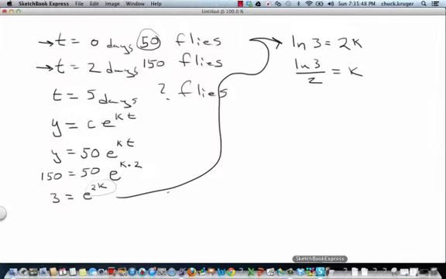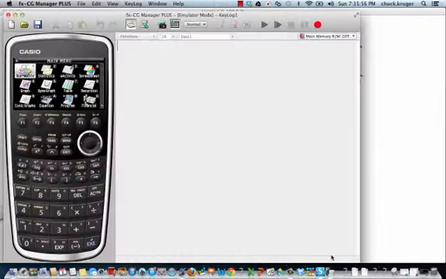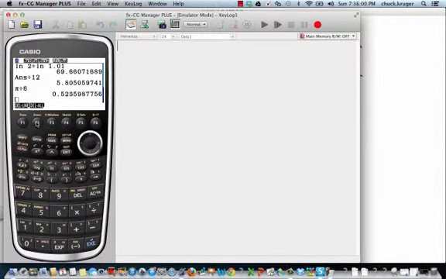Alright, I'll go to my calculator and figure out what that is. Clear the screen here so I don't have all this stuff. Natural log of 2 divided by, excuse me, that was wrong. Let me do that again.